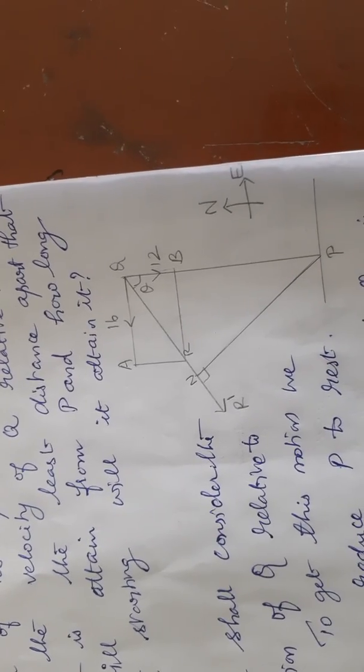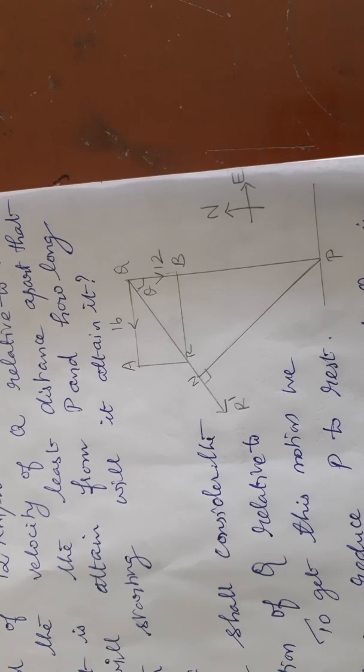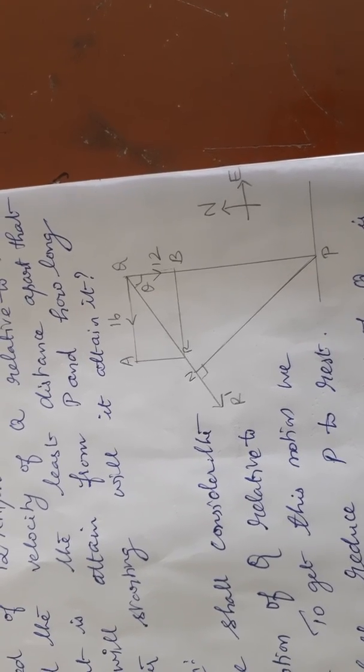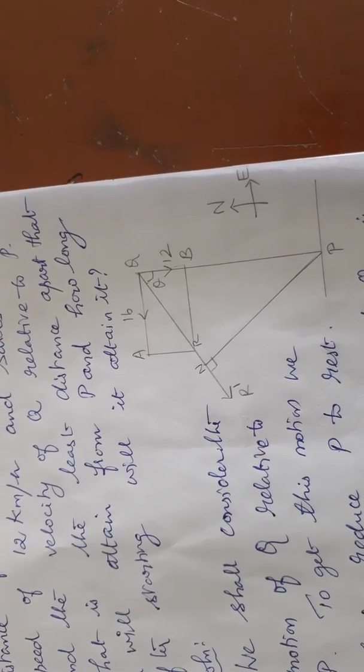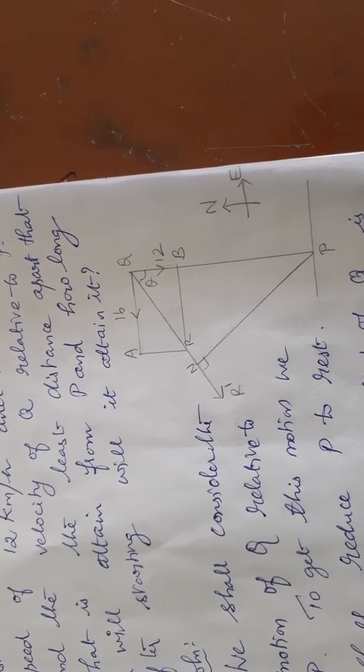We are drawing a perpendicular line from P to QR, where N is the foot of the perpendicular, and let the angle BQR be theta.